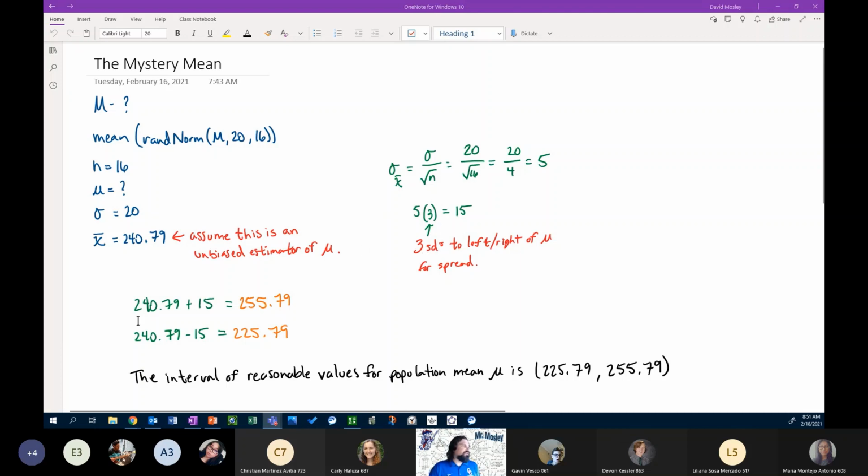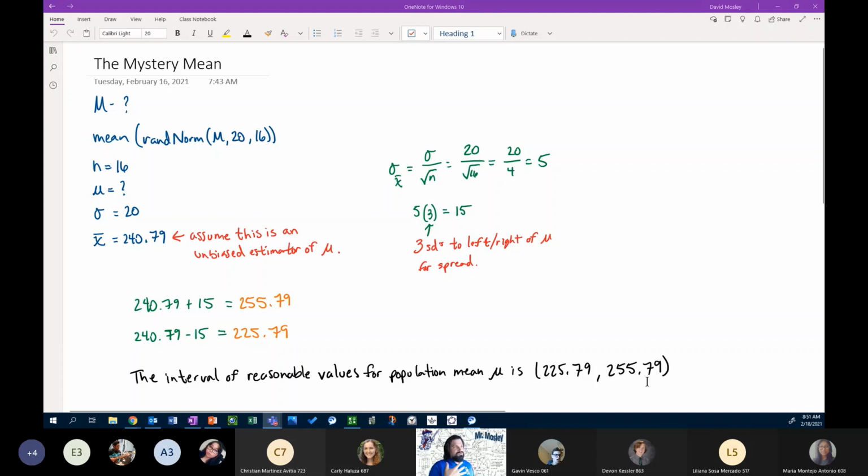So we get 15. 240.79 plus 15 gives me 255.79 as an upper bound. 240.79 minus 15 gives me a lower bound of 225.79. So I'm saying the interval of reasonable values for population mean mu is, in interval notation, which looks like a coordinate, from 225.79 to 255.79.